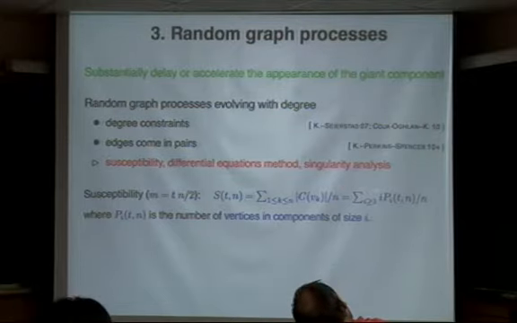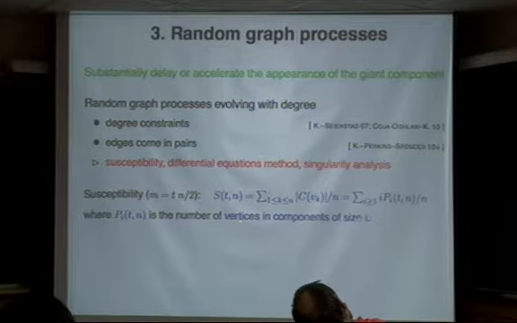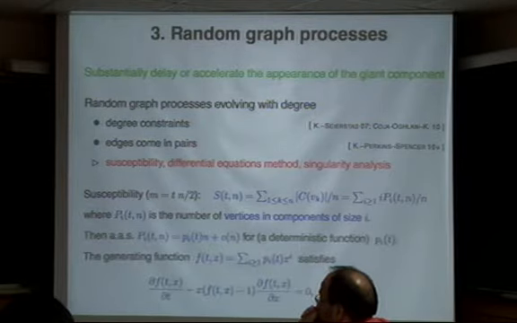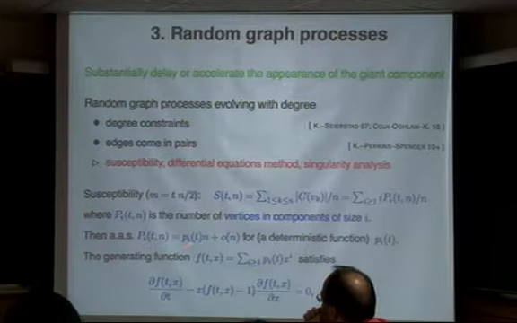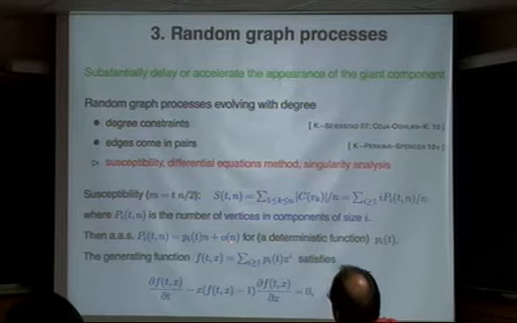Then we massage it a little bit, so we represent it as a sum of i times Π_i, the number of vertices in components of size i, divided by n. What is interesting is that this Π_i is concentrated: there is a deterministic function, small p_i of t, independent of n, so that this random variable, big Π_i of t comma n, is equal to the deterministic function p_i of t times n plus little o of n with high probability.